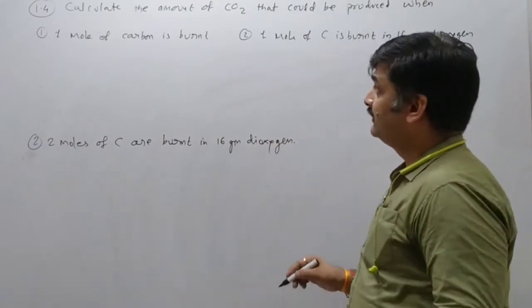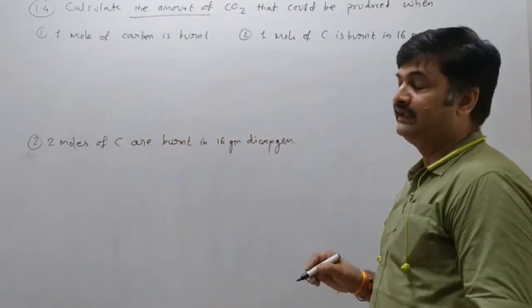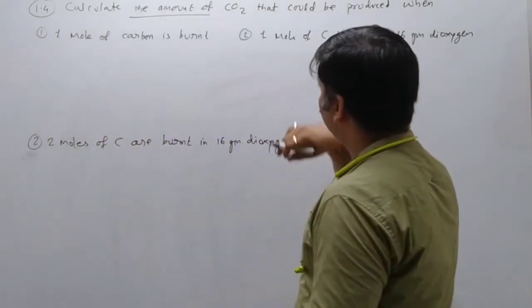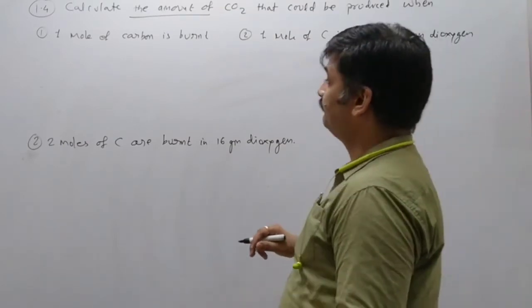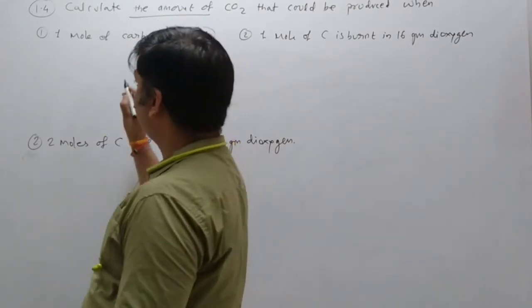See, here we have to find the amount. Amount means weight. Calculate the amount of CO2 that could be produced when 1 mole of carbon is burnt. For the burning process, oxygen is required.